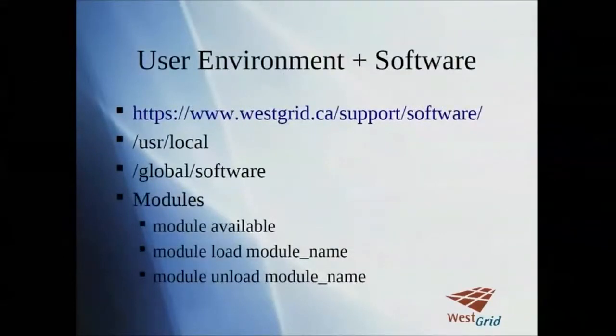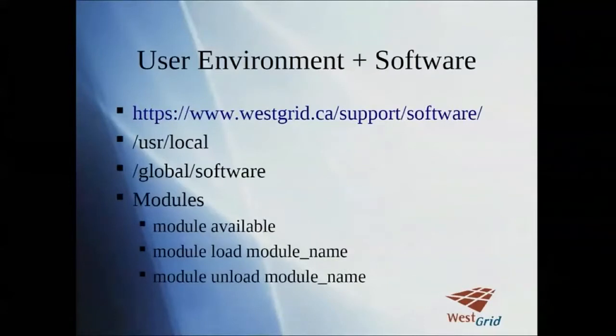Now, of course, when choosing the system you would like to work with, the most important thing is what software is available on a given system. On the WestGrid web page, in the support section, we have a list of the software which is installed and available on our systems, with information on which version is installed on which system.